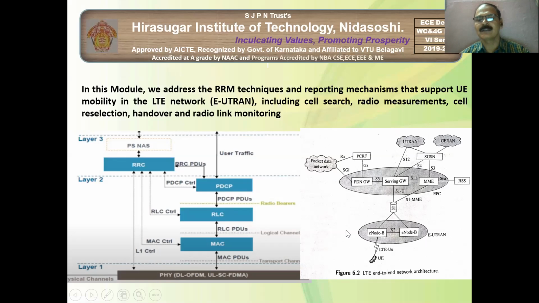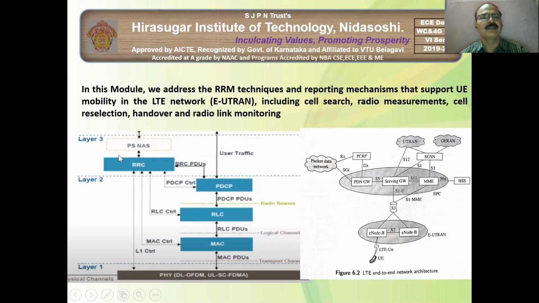Just for the summary, we need it here once again, and we also studied the different layers and how the protocols follow in LTE. Layer 3 we call the radio resource control, RRC.